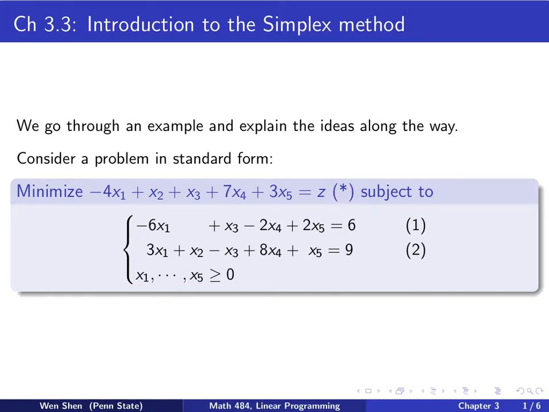The whole thing is subject to a set of constraints. Here we have chosen to have two constraints, which we listed as 1 and 2. Taking a look at the constraints, we see that these are all linear functions of the variables on the left-hand side and a constant on the right-hand side for both constraint 1 and constraint 2.